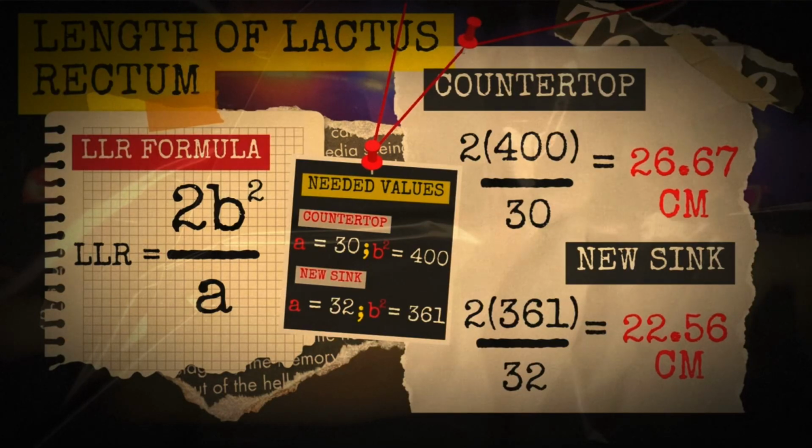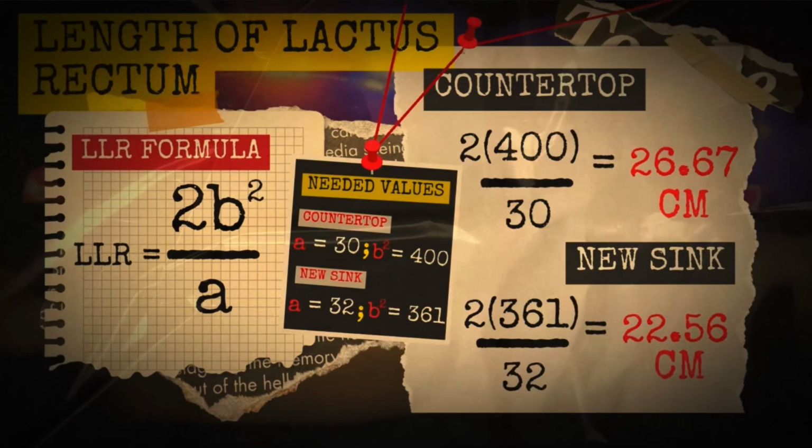For our exhibit B, the new sink, we will follow the same process. Since 361 is the value of our b squared for exhibit B, we will multiply 361 by 2. And whatever the result is, we will be dividing by 32, which results to 22.56 centimeters.